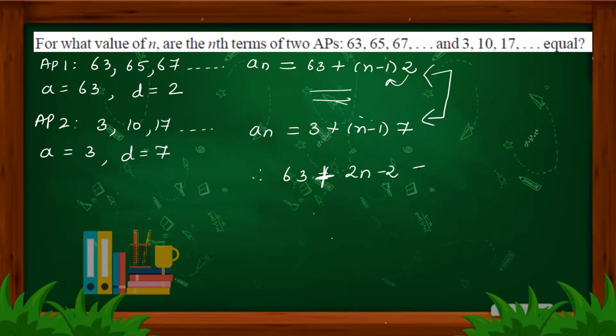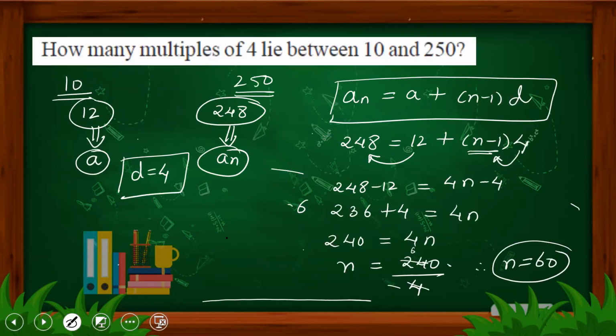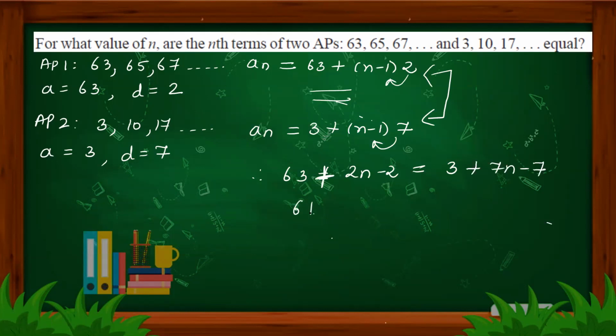So therefore, 63, multiplying this with the bracket, plus 2n minus 2 is equal to 3, again multiplying the 7 over here, plus 7n minus 7. So 63 minus 2, this is going to be 61 plus 2n, and this is going to be minus 4 plus 7n.